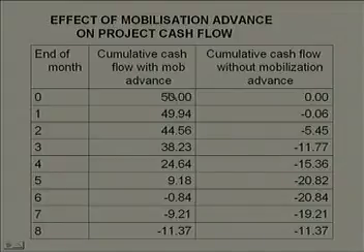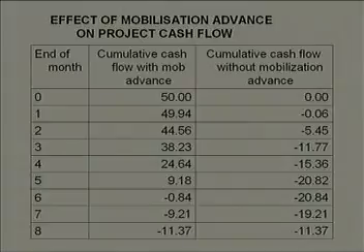So, when I say rupees 50 lakhs, it means 50 multiplied by 100,000. Now, if there is no mobilization advance, you can see the figure 0.00 appearing here. That means the contractor has not received any mobilization advance at the beginning of the project.